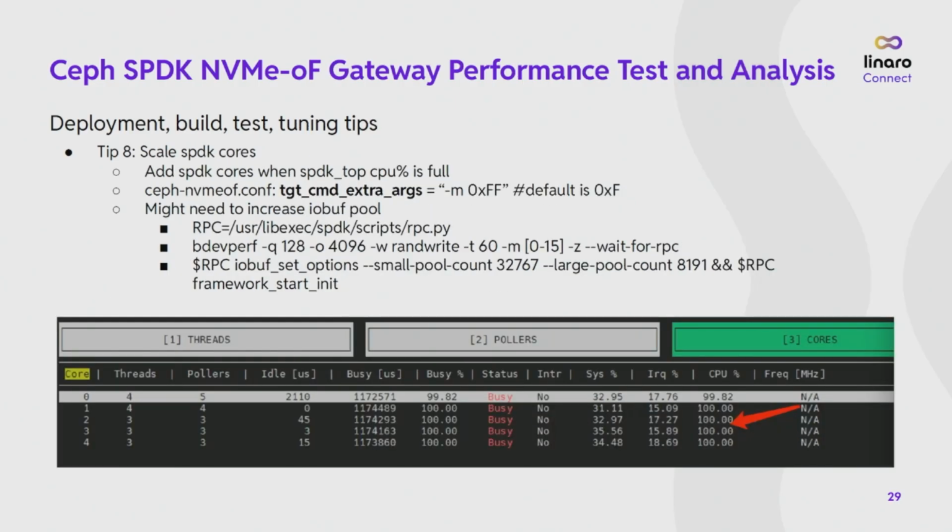Tip 8 is to scale SPDK cores. When you run the SPDK tool, if you see the CPU usage is full, you need to increase the SPDK cores. And you might need to increase the buffer pool also to run many SPDK cores.